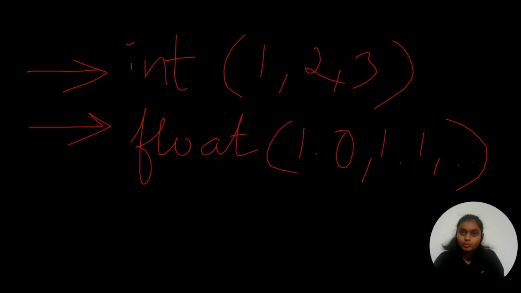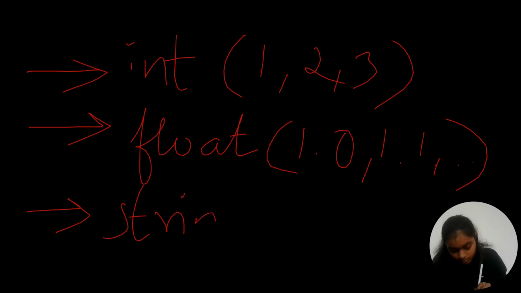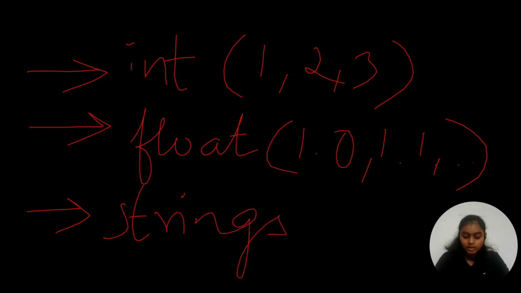So we have decimal point numbers. Then we have strings. Strings and characters are kind of similar. If we are choosing a single alphabet, it is called a character, whereas if we are taking a group of alphabets together, it is called a string. These strings and characters are mentioned either in double quotation marks or single quotation marks.